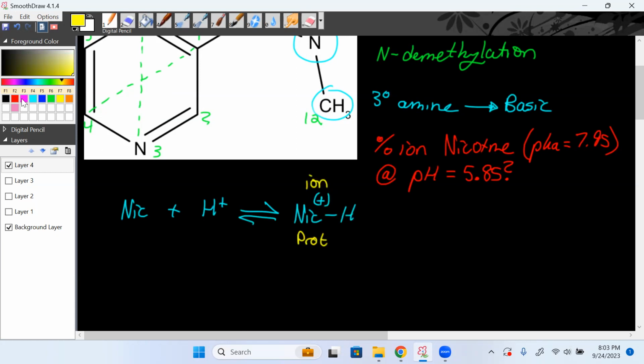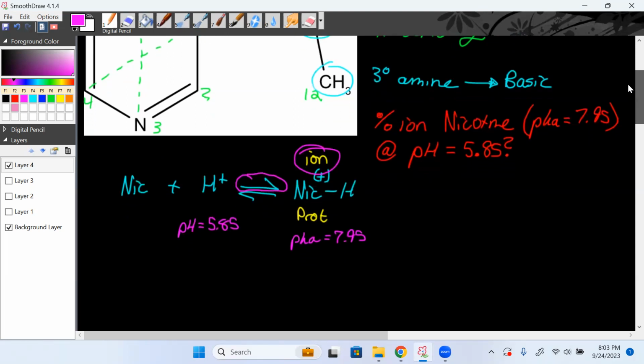And so we would label this side with our pKa, 7.95, and we would label our pH, 5.85. Mother Nature will always choose the weaker acid, which in this case is the protonated form of the drug. So Mother Nature at this specific pH will choose the drug that is in its ionized form.